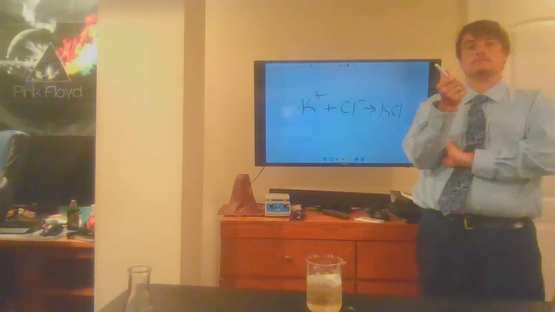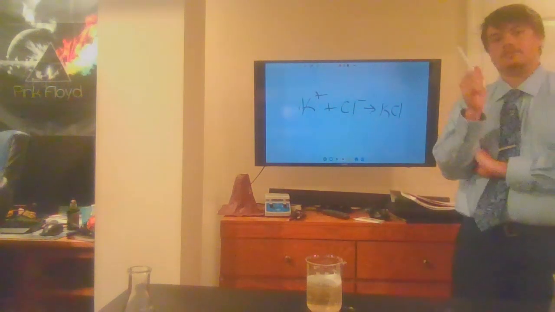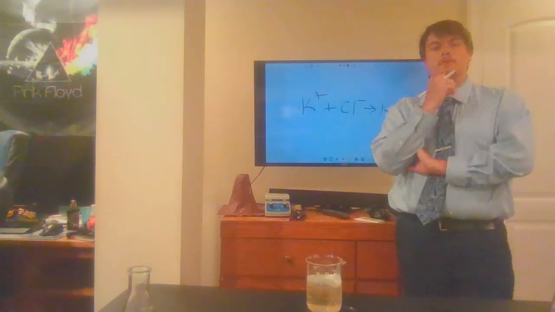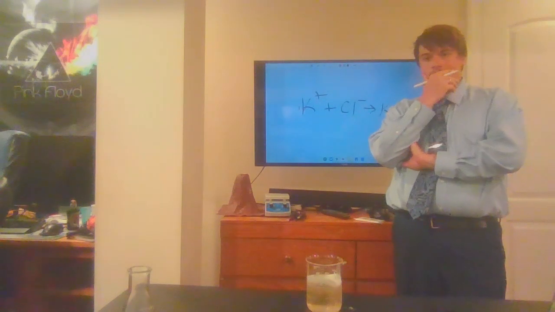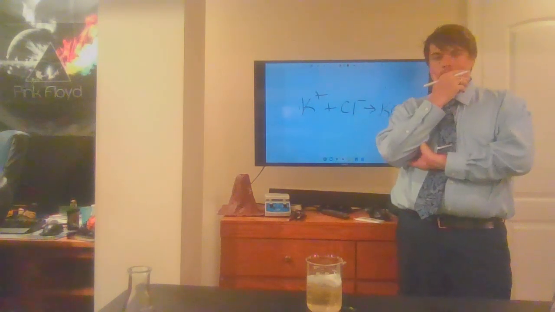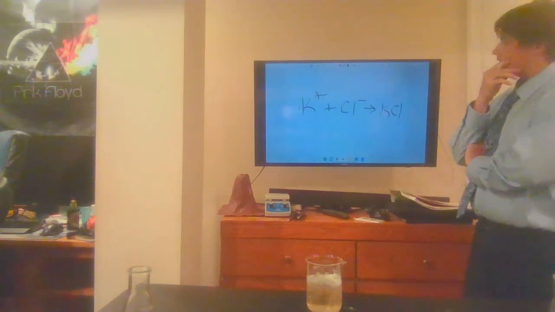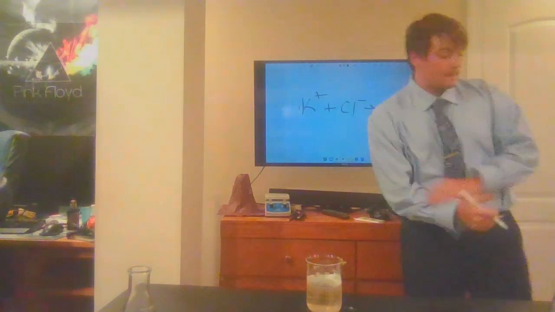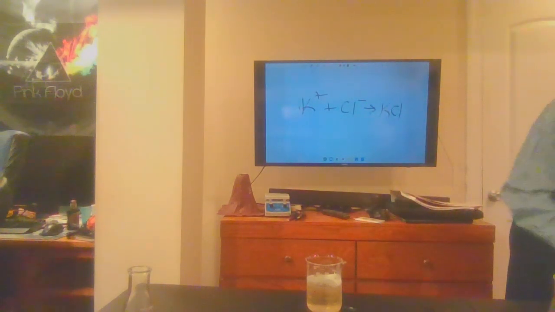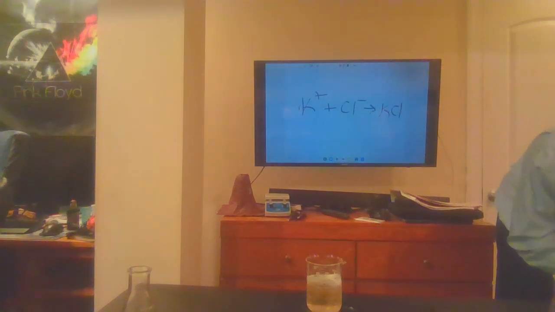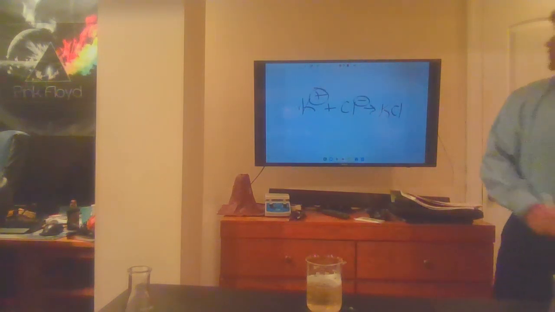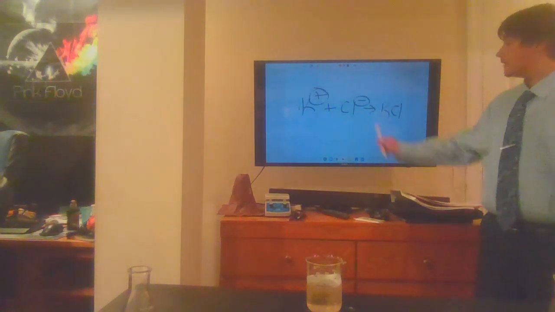Yes. So you think this is an oxidation reduction reaction. Why do you think that? Because of the charges on here. Well, okay. Let's look at the charges. As we see, potassium is a positive charge, chlorine is a negative charge.